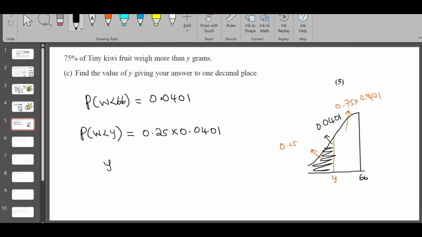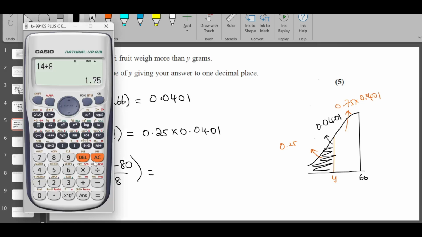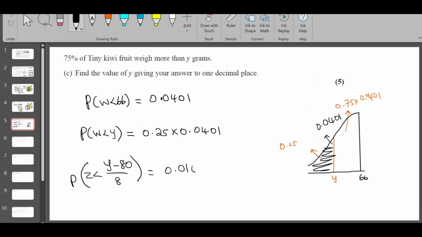Standardize this. Y minus mu by sigma is equal to, get the value of this. 0.25 times 0.0401. Okay, 0.010025.